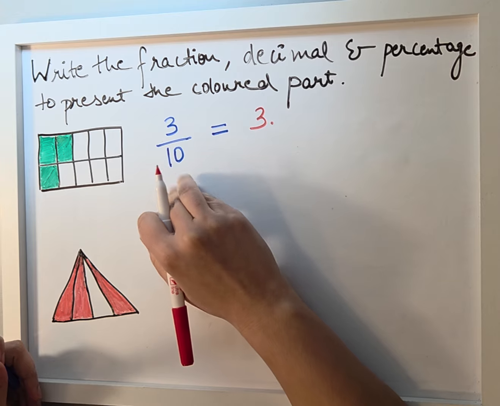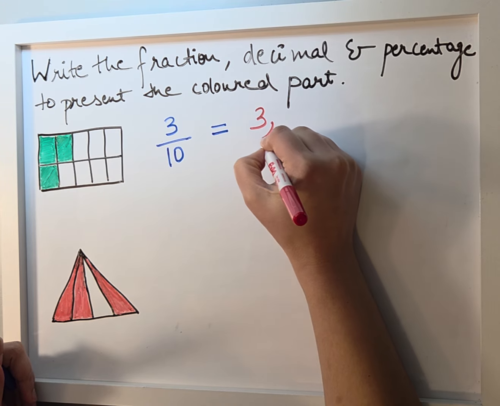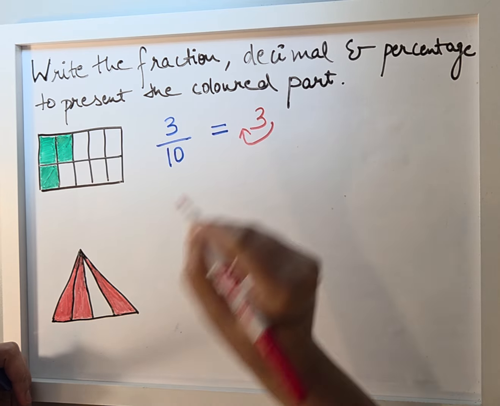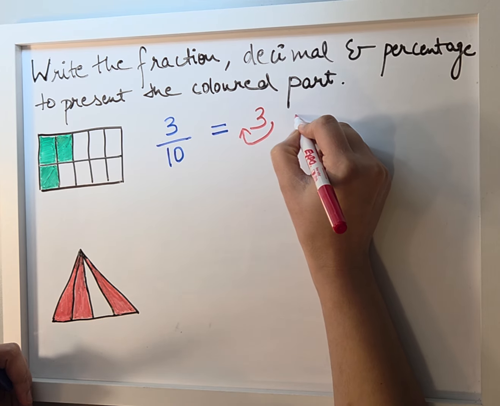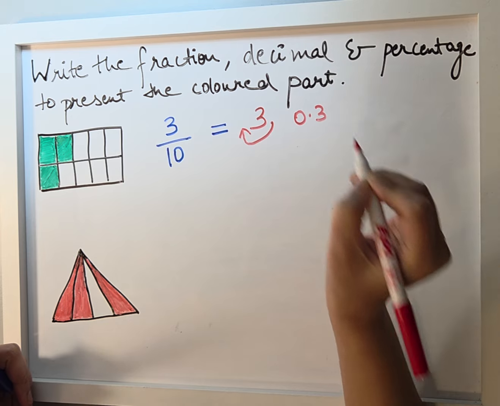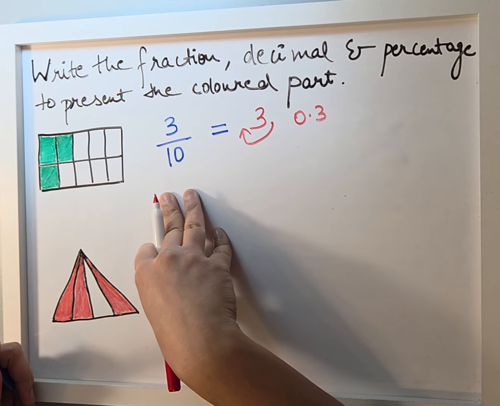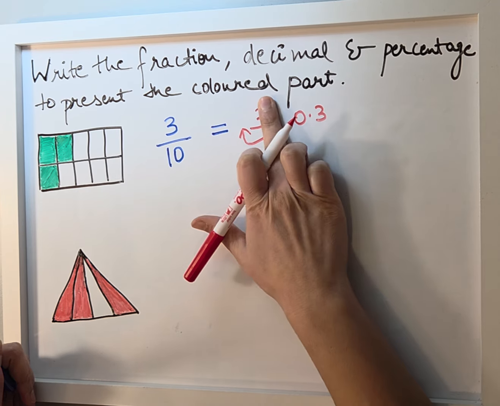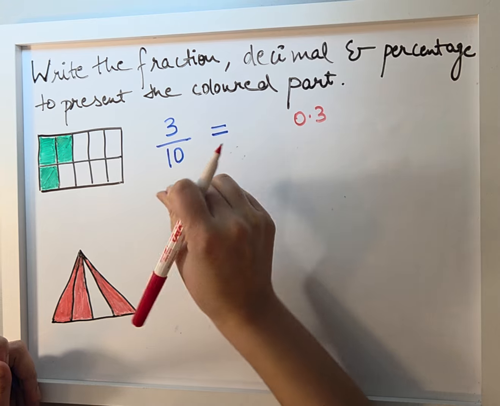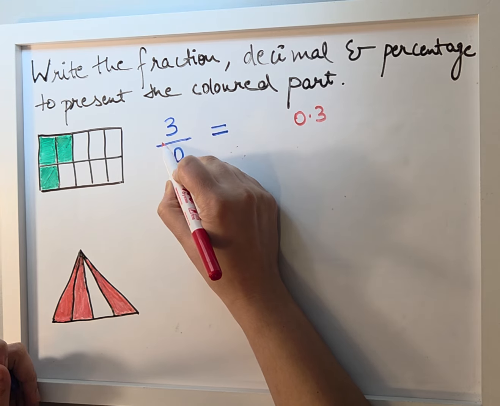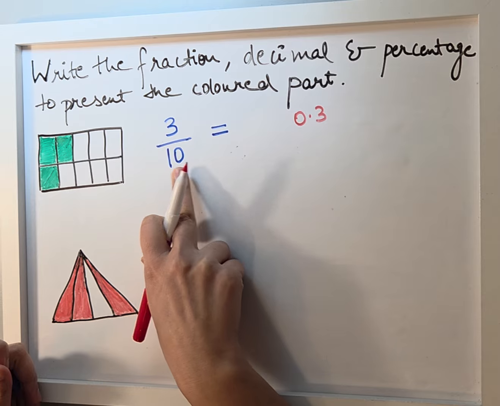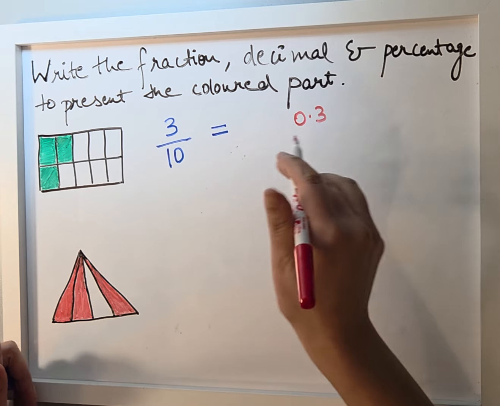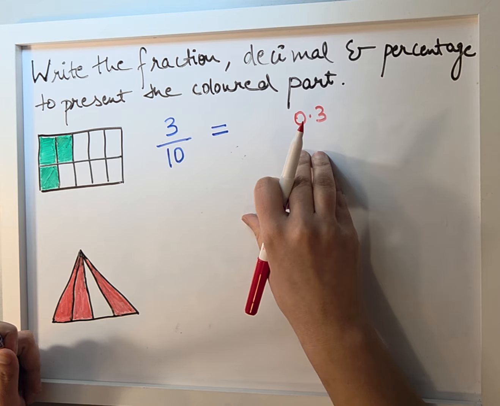So now when we divide it by 10, the decimal will move one place forward. So what will be our decimal value? It will be 0.3. So this was our fraction representation and this is our decimal representation. We moved the decimal one place forward because we divided by 10. Whenever we are dividing by 10, it moves one place forward. So we have the decimal representation.